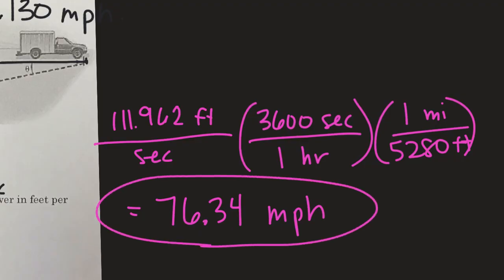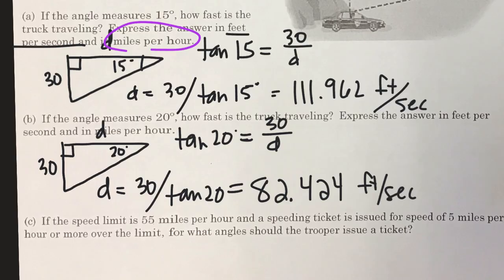We'll read down in part C that that's speeding. The speed limit was only 55. So the next part says we now have a 20-degree angle. So the truck is driving, we use the same exact equation. The only thing that changes is 15 is now 20 degrees, and our feet per second is now 82.424. So now let's convert that into miles per hour.